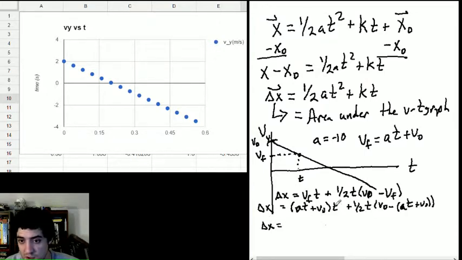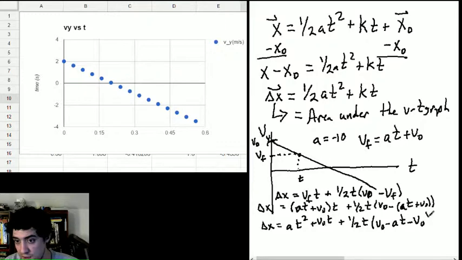Cleaning this up a little bit, distributing through, this becomes AT squared plus VOT plus, I'm going to leave this 1/2 T for a second and clean these parentheses up, times, we have VO minus AT, distributing the negative, minus VO. Conveniently, this VO and that VO, we have plus VO here, minus VO there, they cancel out.